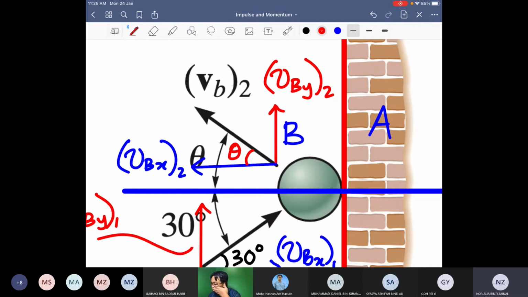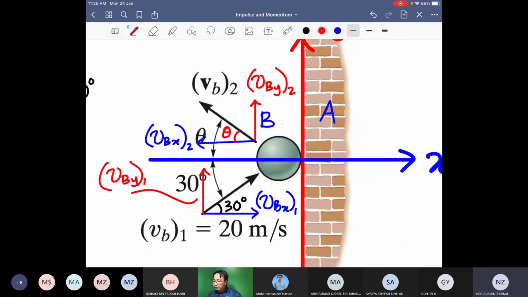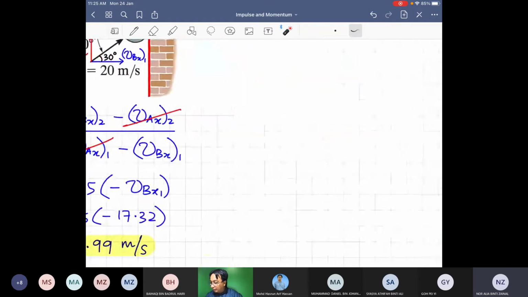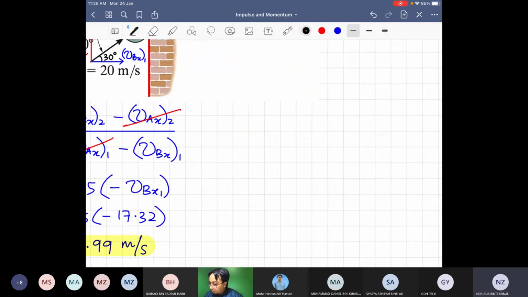So by using the trigonometric ratio yang saya pernah tunjukkan sebelum ini, untuk cari theta ni kita boleh gunakan, sebab kita dah ada VBY2 kita dah tahu, VBX2 kita dah tahu, kita boleh gunakan tangent punya relationship. So in order to find theta is equal to tangent, ataupun kita boleh tulis sebagai tangent theta.